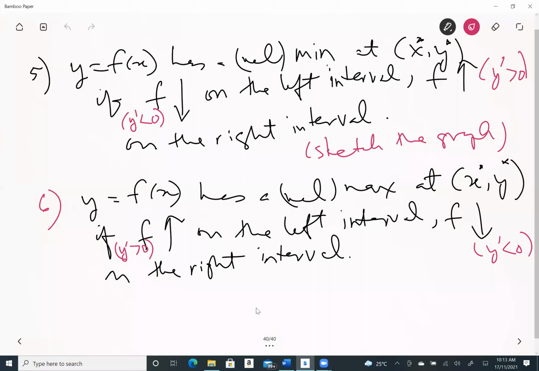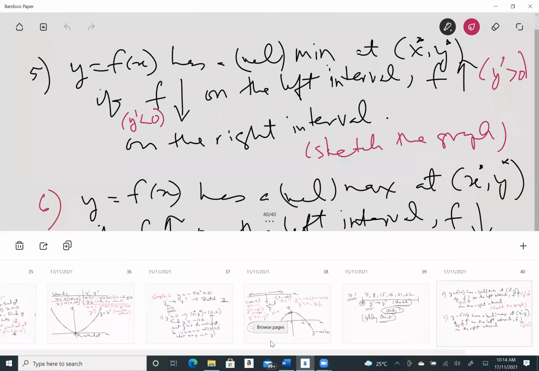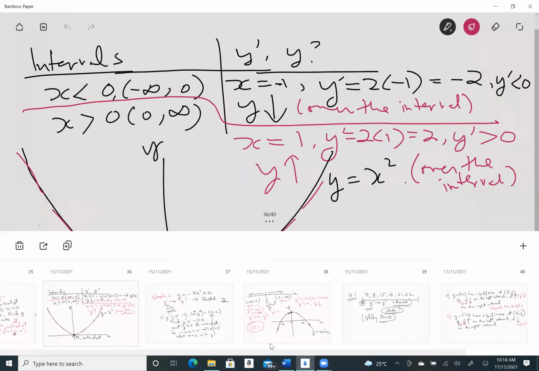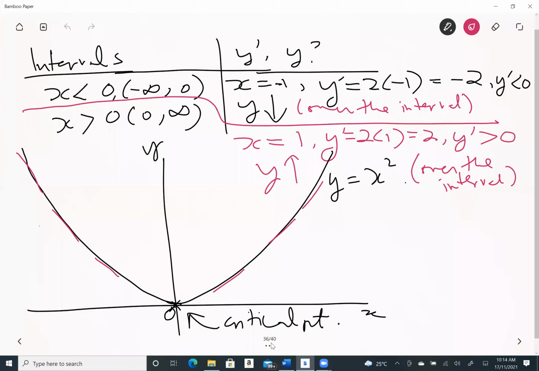So basically that is what we call the first derivative test to determine the maximum or minimum point of a function. Any question? So we have done this example. So based on this, we conclude what?